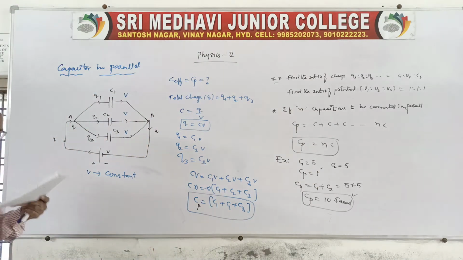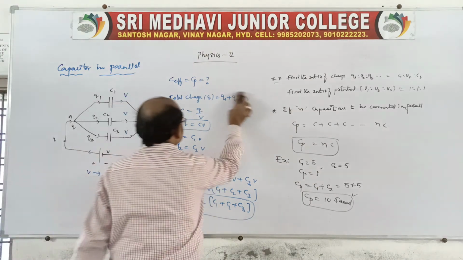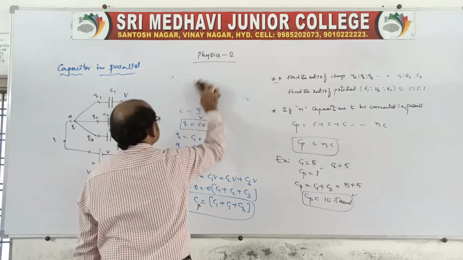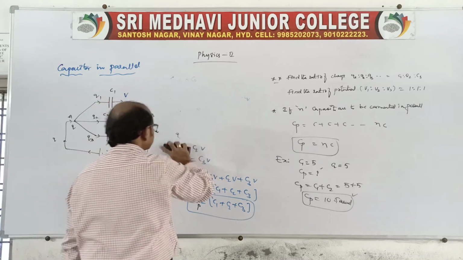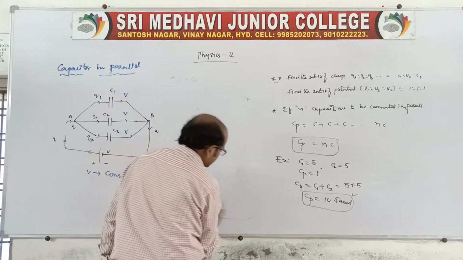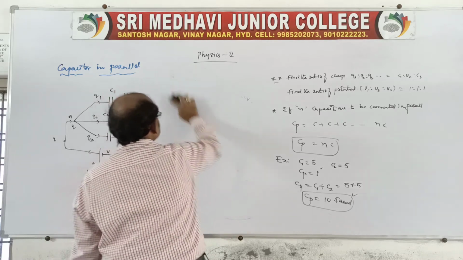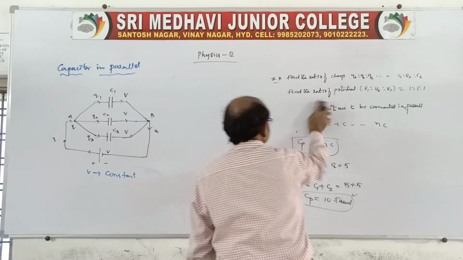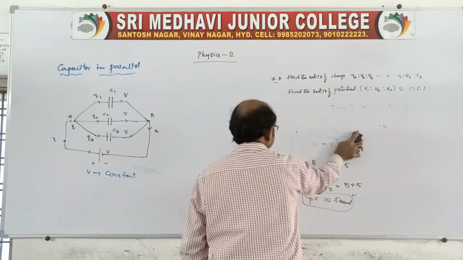So you take Q, or Q1. Suppose I want to say about Q1. See, there are 3 capacitors connected. Then we can take the individual capacitors' charges. Like in the series also we did individual capacitance, here also we should get the same way.